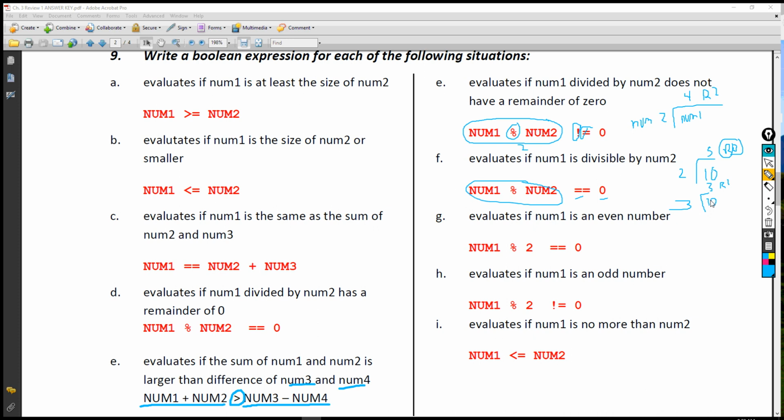And in this case, if num1 was 10 and num2 was 3, it would return a 1. So it's asking, is 1 equal to 0, which would be false. Now, if num2 was 2 instead, the remainder is 0, so it's asking, is 0 equal to 0, which would be true in that case.